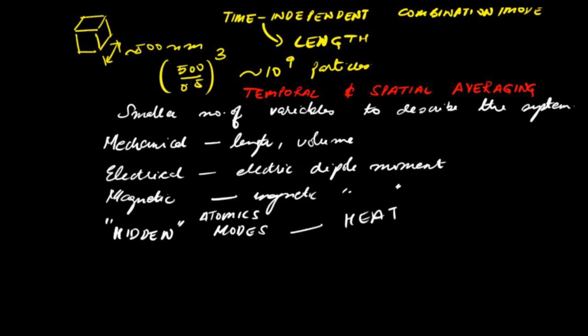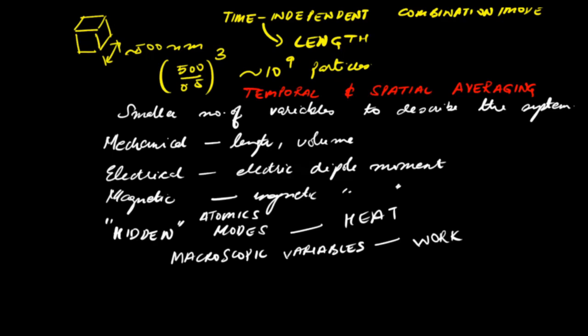But from the microscopic viewpoint, we know that the energy transferred from these hidden modes, or due to disordered motion, is heat, whereas the energy that is transferred from the change of macroscopic variables is work. Energy transferred via work can lead to a change of volume of gas in a cylinder, or can be extension of a rubber band. So that is mechanical work.